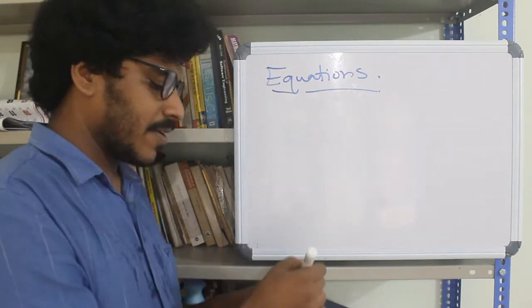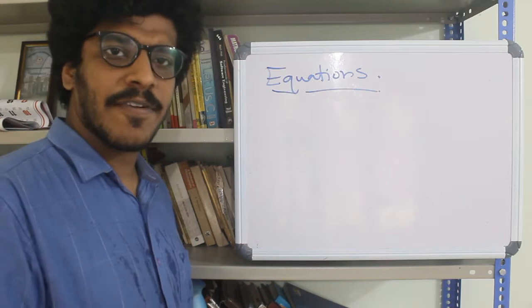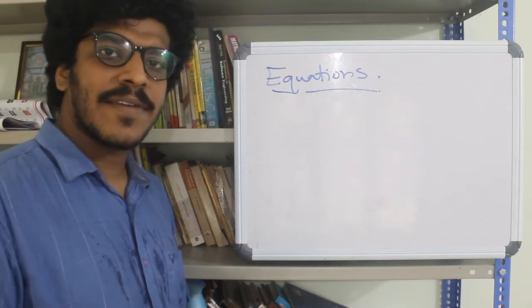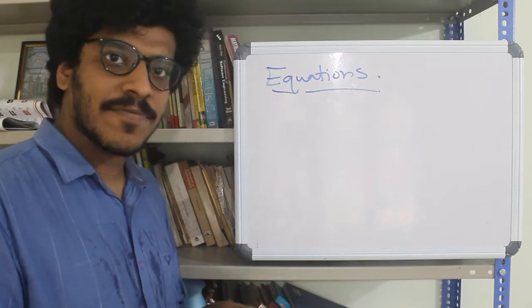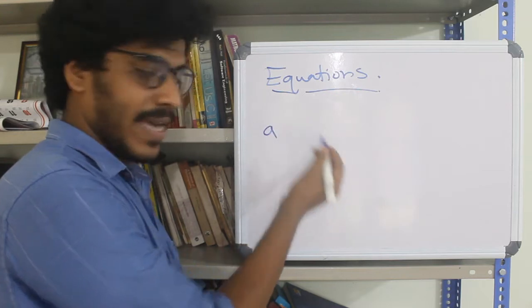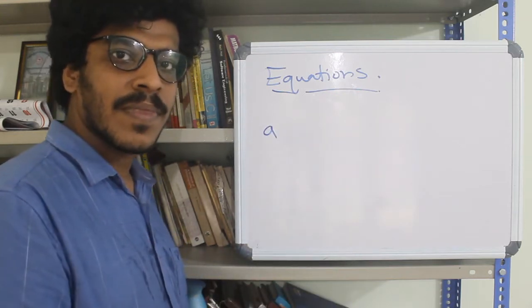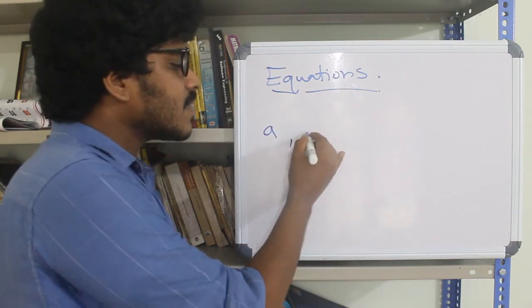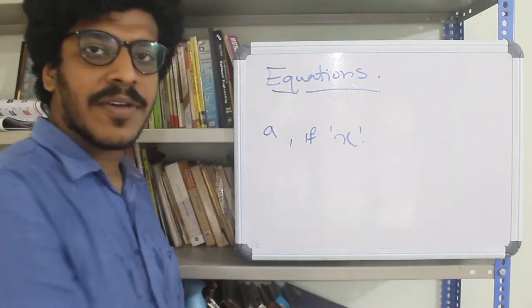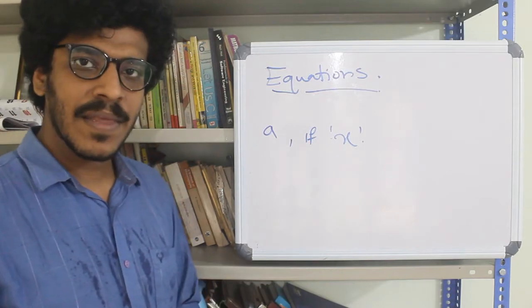Consider we have an equation. The equation may have variables. For our use, we define a solution as a number, say a. Suppose our equation has a variable x.